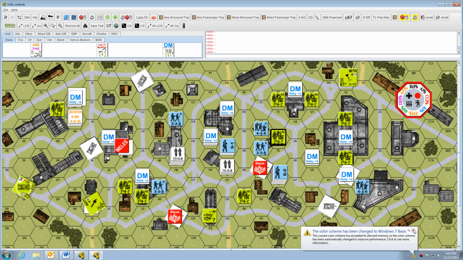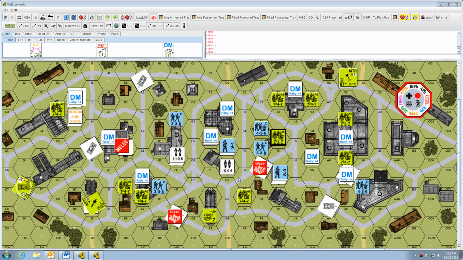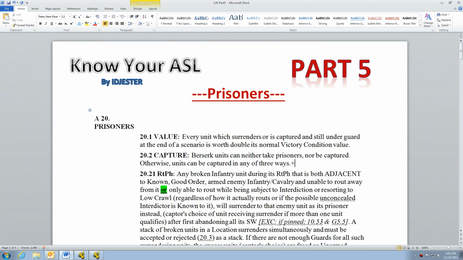And I'm hoping that through the examples that I play through here, we can cover some of the basic rules associated with prisoners. For those of you who are following along, we're going to use Section A of the rulebook, subsection 20, and all the associated rules with prisoners.